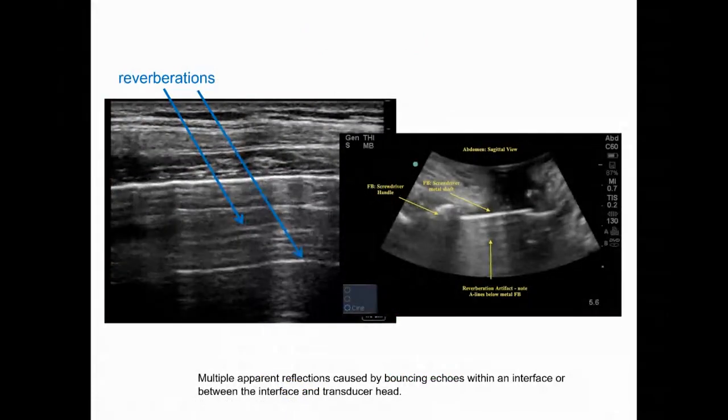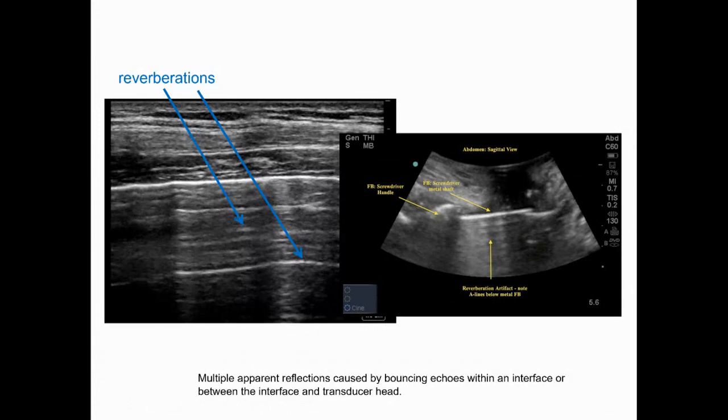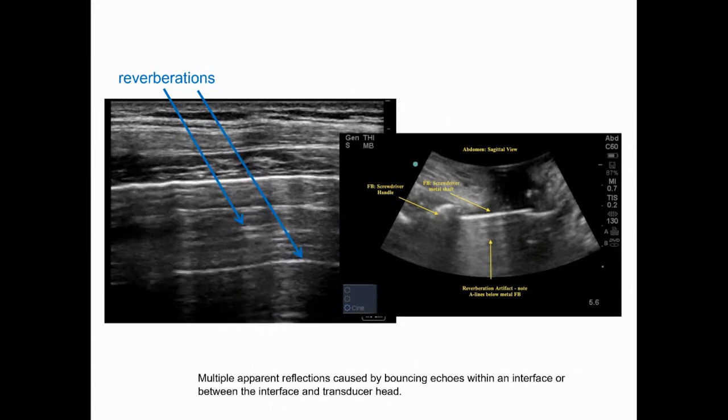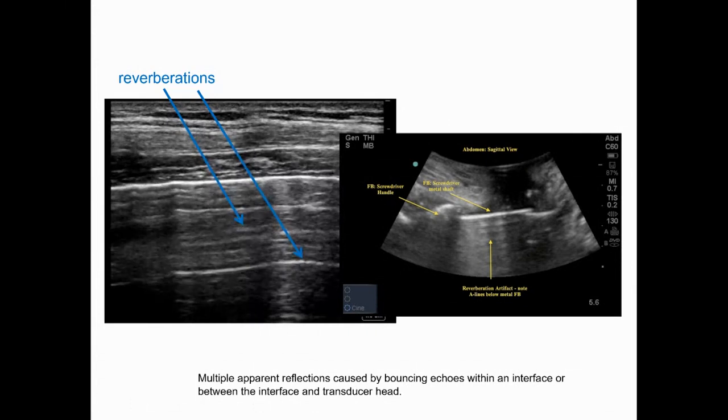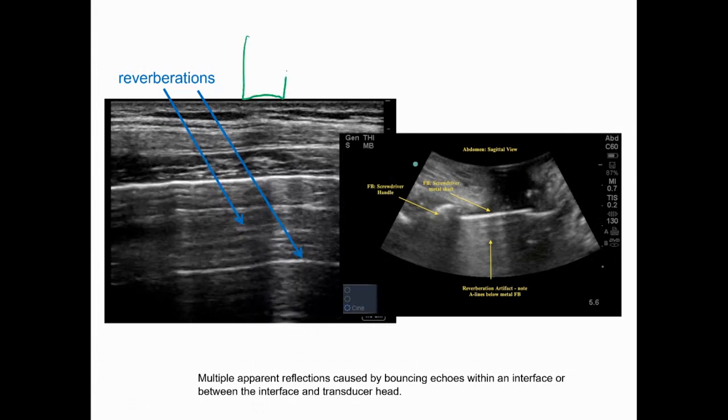Here's reverberations. This is a GIF that I'm showing of reverberations, a lot of times caused by an interface within the body, like the diaphragm. I think the ultrasound transducer is here. It is sending out pulses.